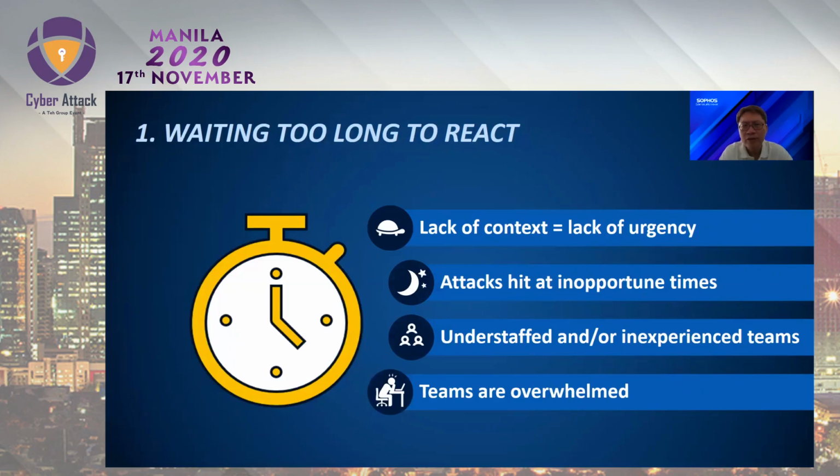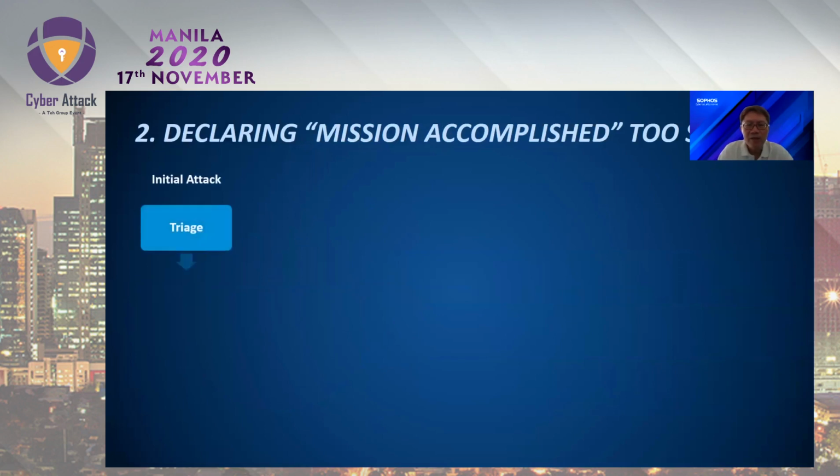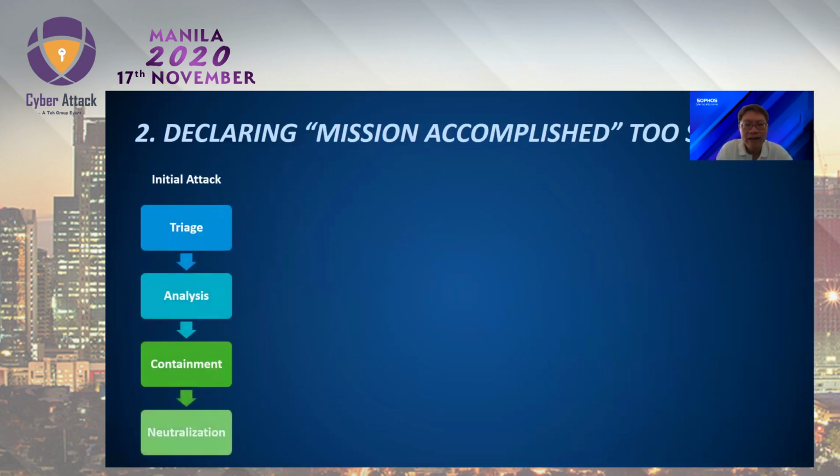So waiting too long to react to a security incident itself usually is one of the key challenges. The second thing that we have actually seen here, right, is what we call declaring victory or mission accomplished, right?